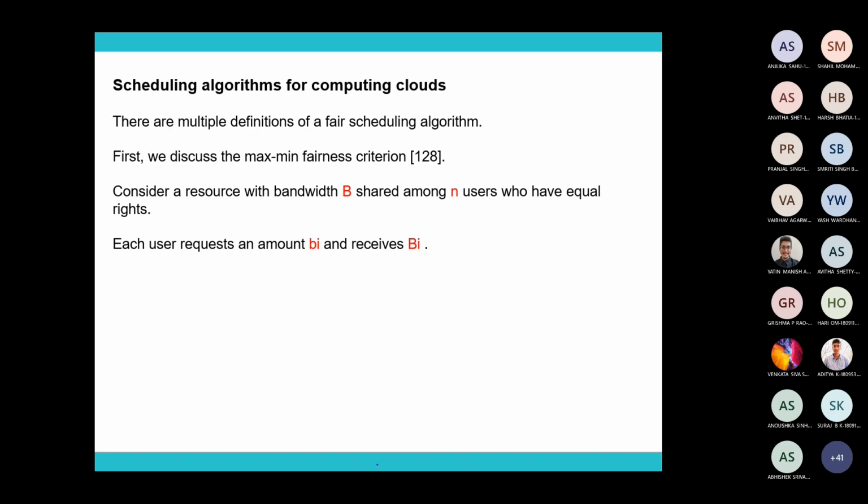Let's say they have equal rights, but the requested amount is small bi, and what they receive is capital Bi. So the smaller one is what they have requested, and capital Bi refers to what they have received.